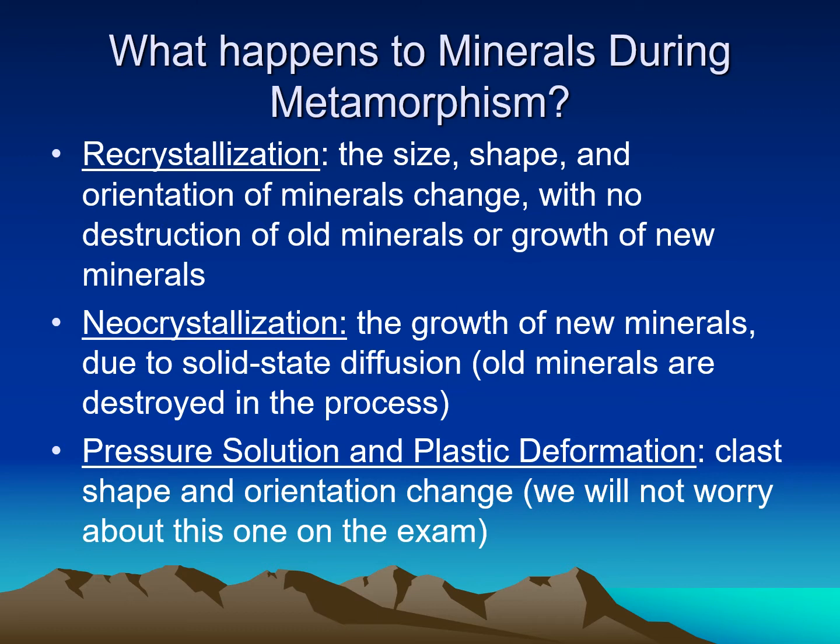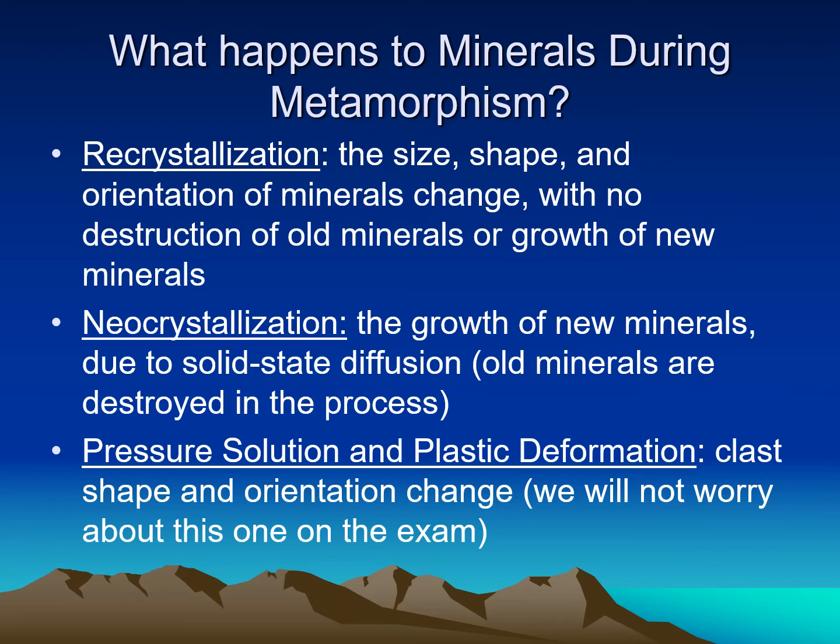Second bullet there is neocrystallization. So this is the growth of new minerals. Neo generally refers to new. Okay, so the growth of new minerals due to that solid state diffusion process. But if you're going to grow new minerals, you're going to have to destroy old minerals in the process. So neocrystallization, a good example of that would be shale turning into garnet mica schist.